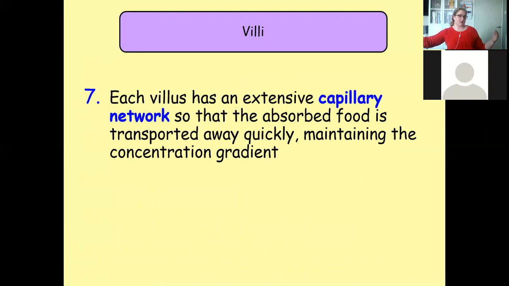If we didn't, we'd hit equilibrium very fast and nothing would really happen, and we'd have to rely on a huge amount of active transport for digestion to take place. If food just sat on the other side of the intestine for a while, we'd reach an equilibrium point and nothing would happen. So we'd have to use a lot of active transport to get the rest of those nutrients through, which would probably not be very energy efficient.